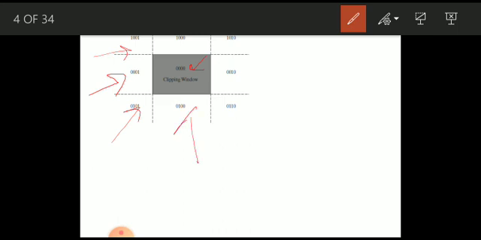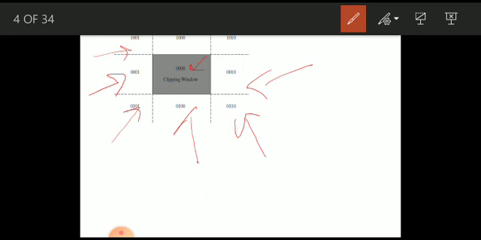Similarly, the bottom region, beneath the clipping window, is given the code 0100. Only the bottom bit is activated in this case. The bottom right region is given the region code 0110, indicating only the right and the bottom bits are activated. The region to the right side of the clipping window is given the region code 0010.